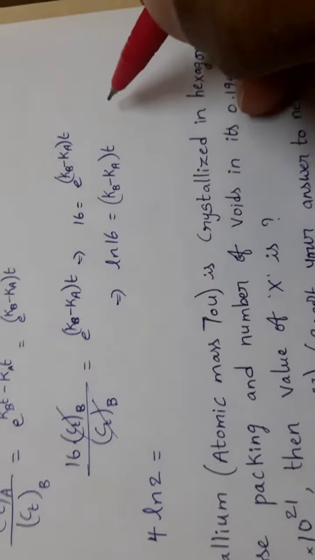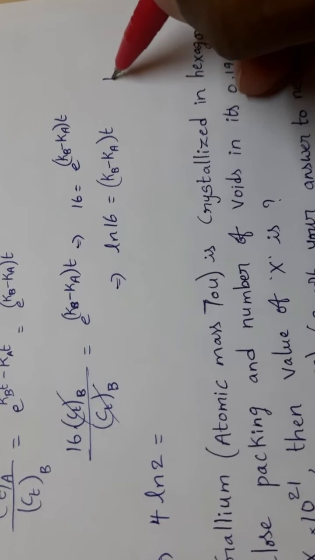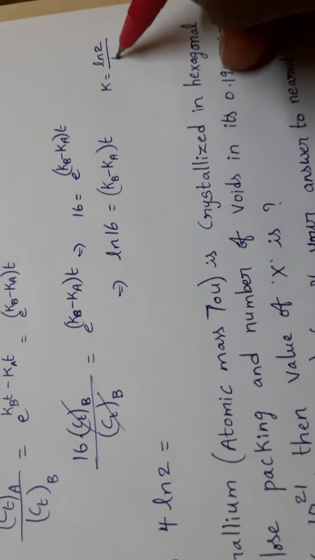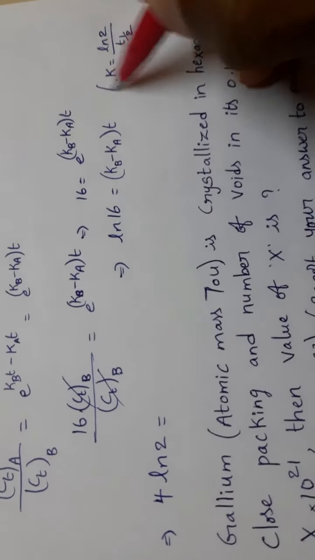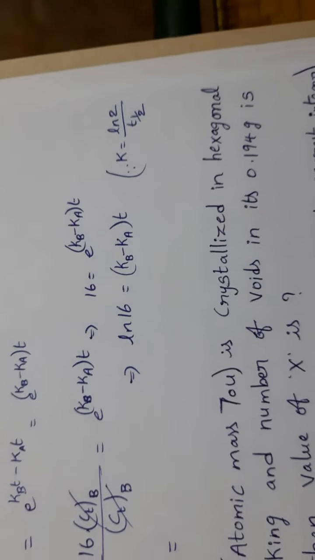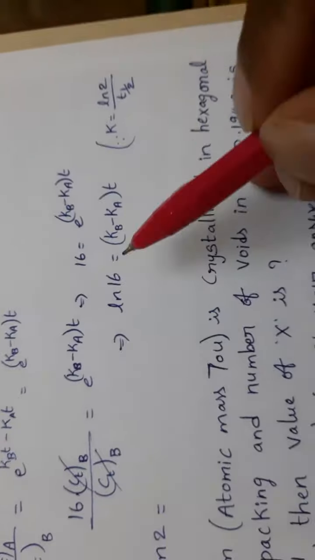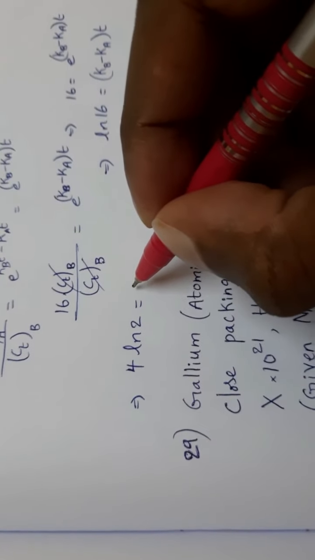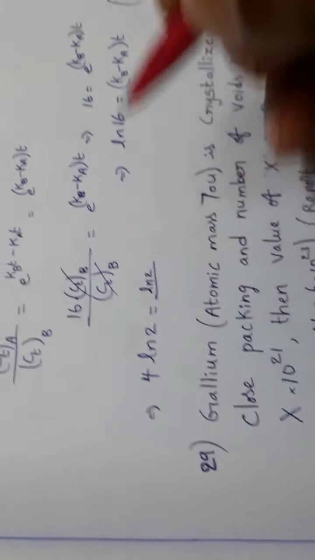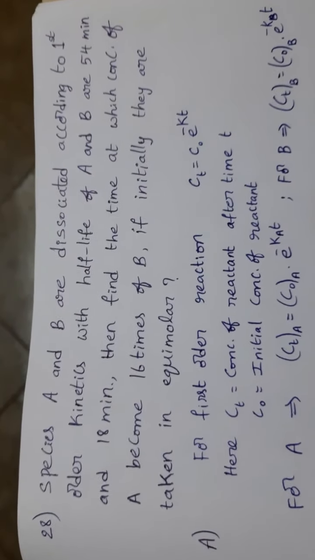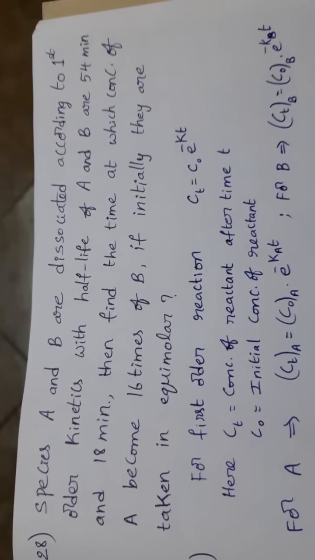Here rate constant and t half, what is the relation? k equal to ln 2 by t half. In place of Kb we can substitute this, in place of Ka also we can substitute this. Then Kb means ln 2 by t half for B, how much? 18 minutes. t half for A, 54 minutes.